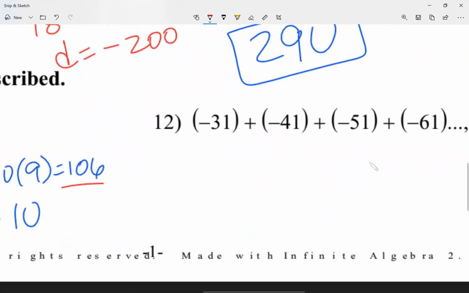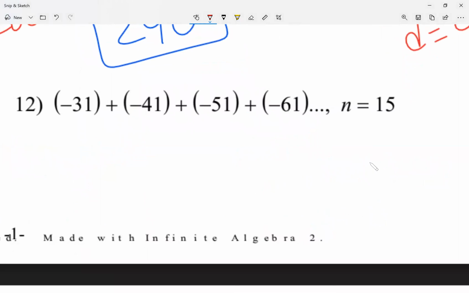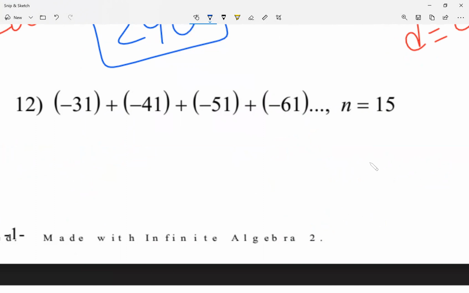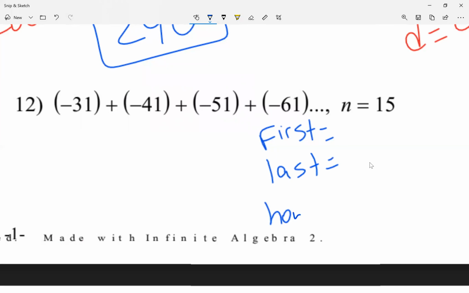Question number 12. First of all, I need to find out what the first number on my list is. I need to find out the last number on the list, and then how many numbers I'm adding. The first number and how many are basically given. The first number in the list is negative 31.